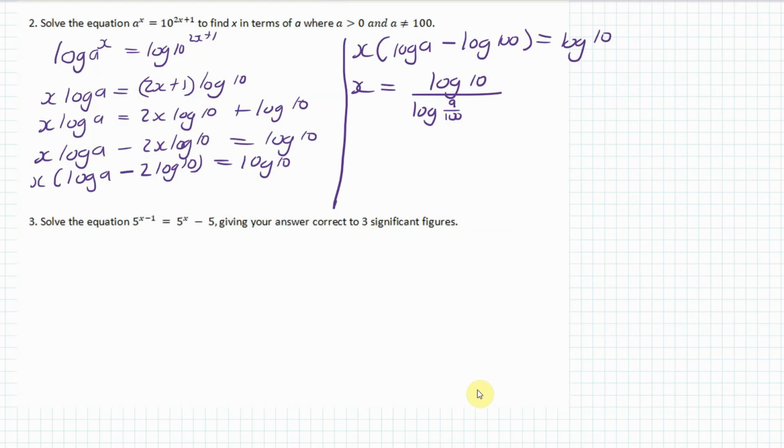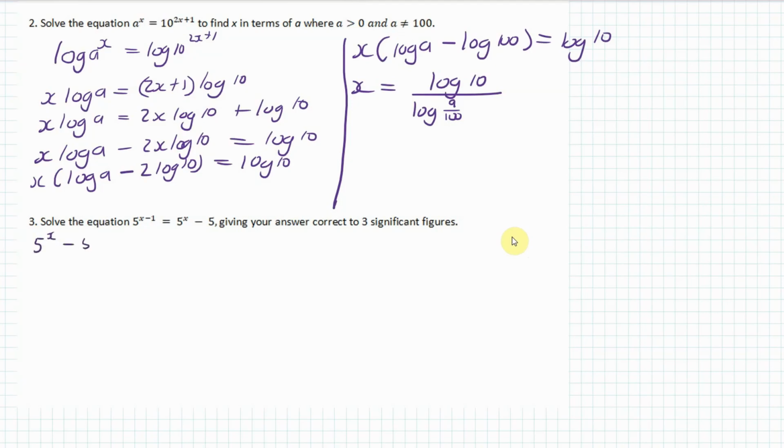The last one, we've got to solve this equation, giving our answer correct to 3 significant figures. For this next one, what I'm going to do is leave the 5 to the power of x here.